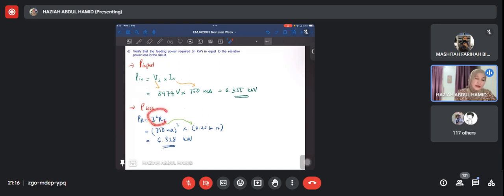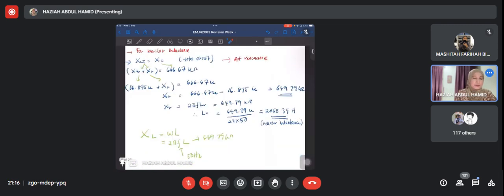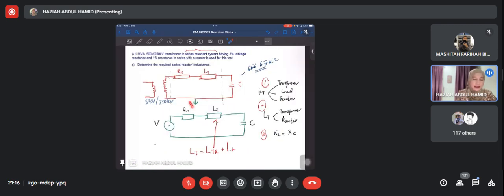So I squared R gives you 6.3. This is the power losses here. The feeding here is 6.3 as well. So verified. We feed 6.3, we lose 6.3.